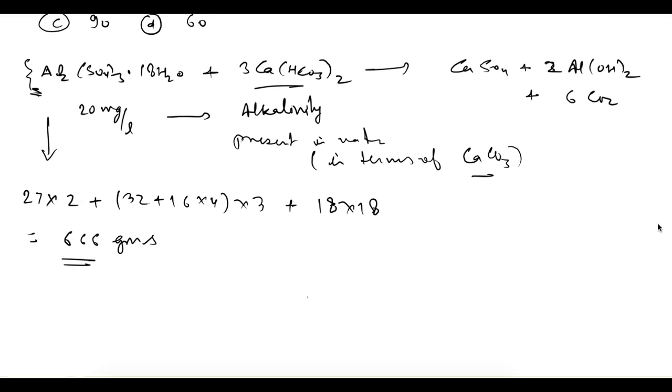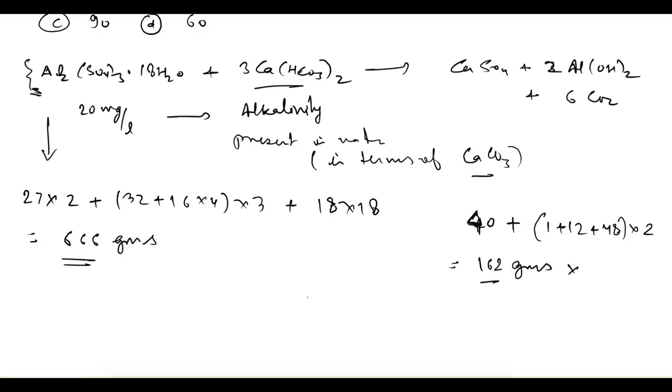Now for calcium bicarbonate, 1 mole would be 40 for calcium plus 1 plus 12 plus 48, into 2, that is 61 into 2, that is 122 plus 40, that is 162 grams. So 1 mole of calcium bicarbonate is 162 grams.